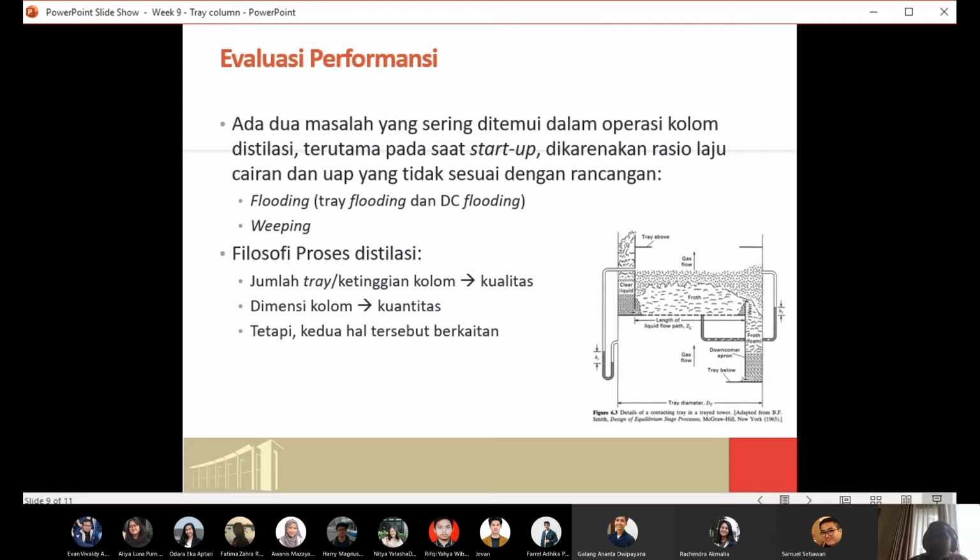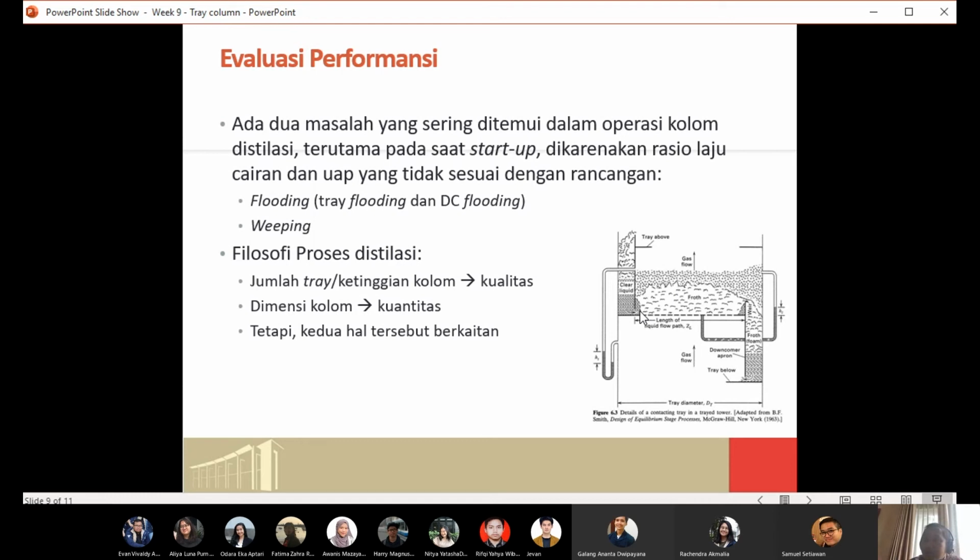Okay, and then how about the liquid entrainment? Liquid entrainment means that because the level or thickness of the liquid on this tray is very, very thin, and the velocity of the gas passing through the hole is very high, there is a possibility that the gas will bring the liquid from this tray back to the tray above.